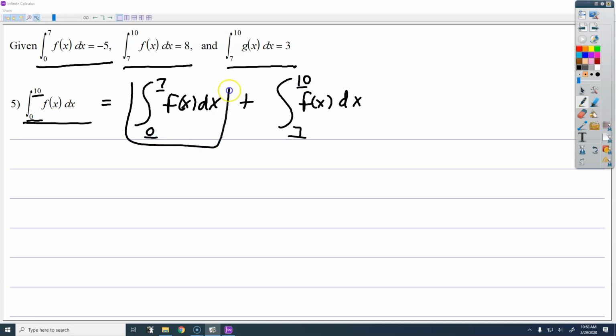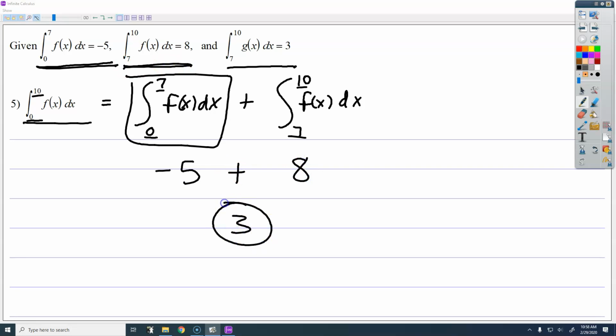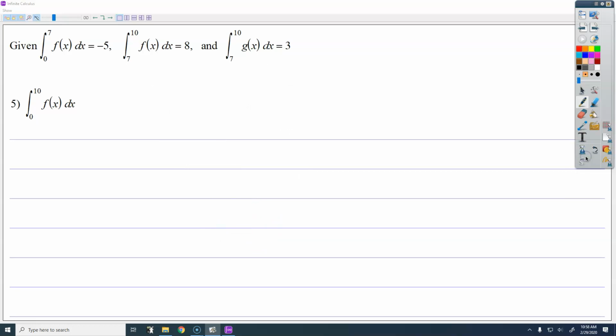And so we know from the top that that piece is -5, and that 7 to 10 is 8. So the final answer there would be 3. Okay, next one. Let's go ahead and take a look at this.